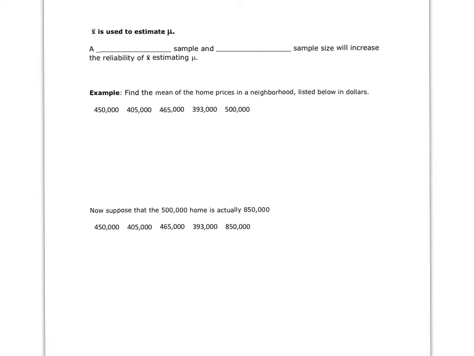We want to have a random sample that gives us the best representation of the population. And then the other piece is we want the sample to be as large as possible. So the larger the sample size. Both of those things impact the reliability of x bar estimating mu. Okay, so good to keep in mind.